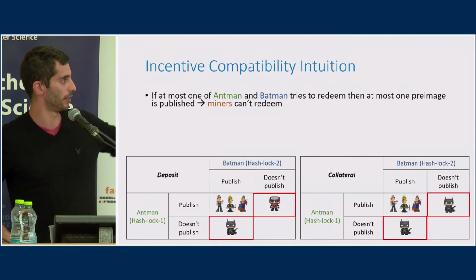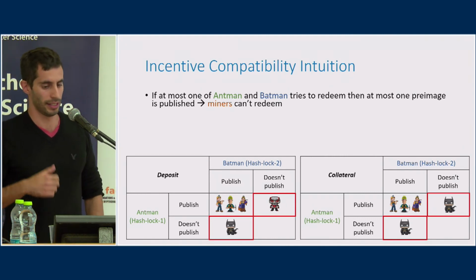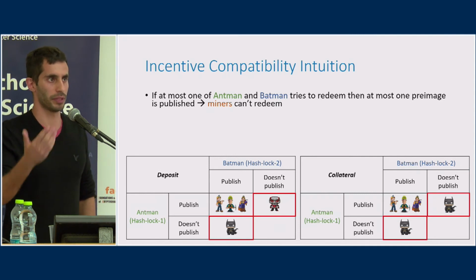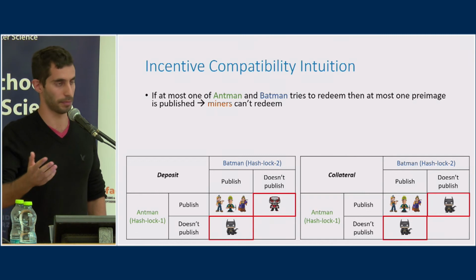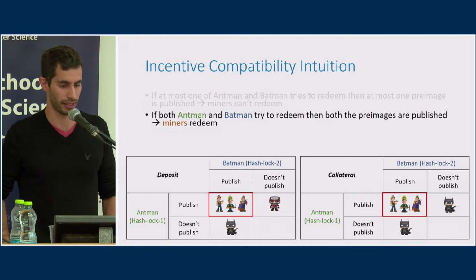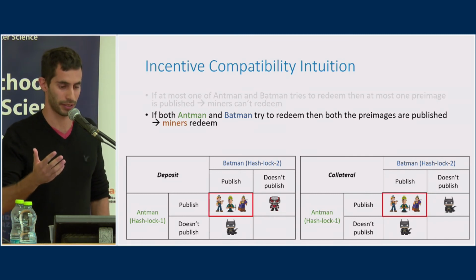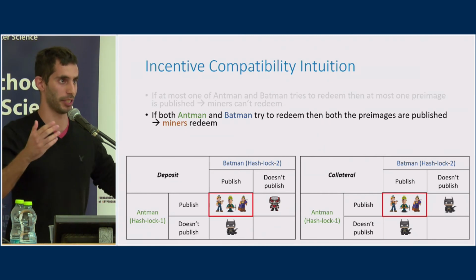This matches one of the red squares. So in that case, only one of the preimages is published. So the miners can't get the tokens themselves. Okay, so the respective party gets the tokens. However, if both of them try to get the tokens, then both preimages are revealed, and then the miners simply take the tokens themselves. Okay, so this is like one party misbehaved, and the miners punish both of them.